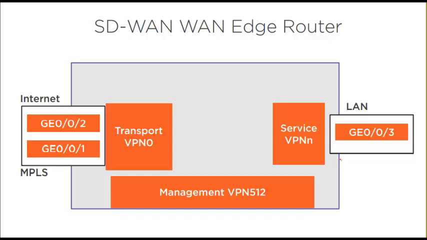These services are provided by the transport VPN called VPN 0. So it is VPN 0, the one which brings up the WAN network to establish TLOG to TLOG connectivity.